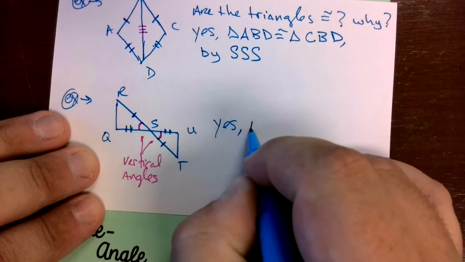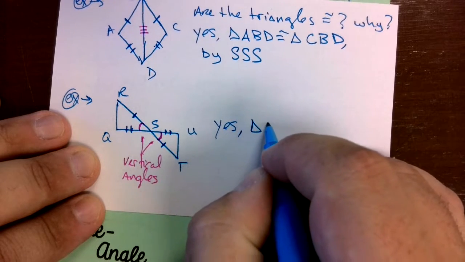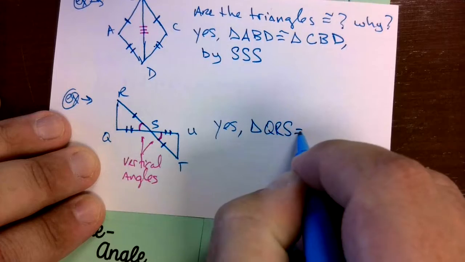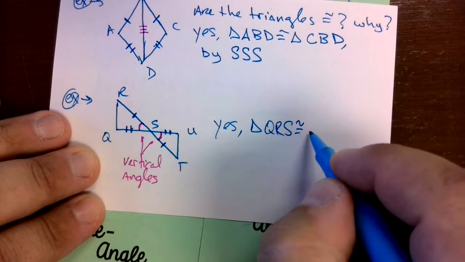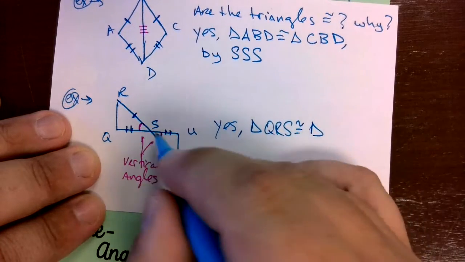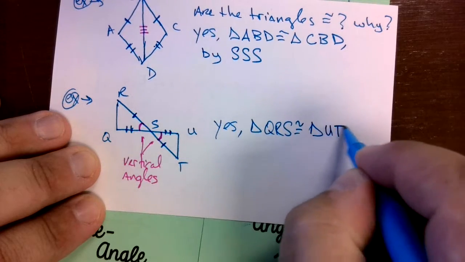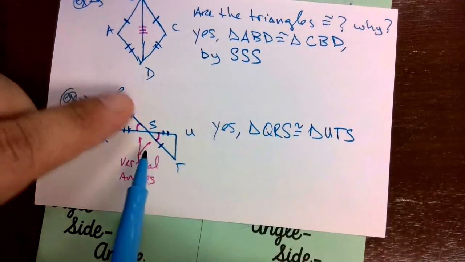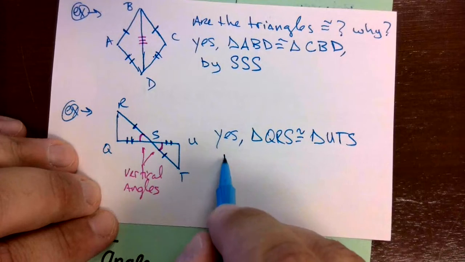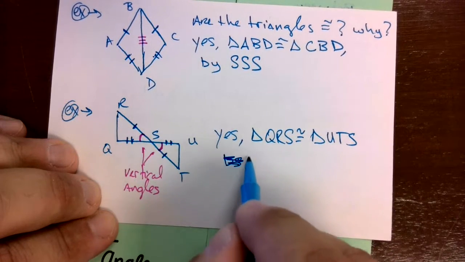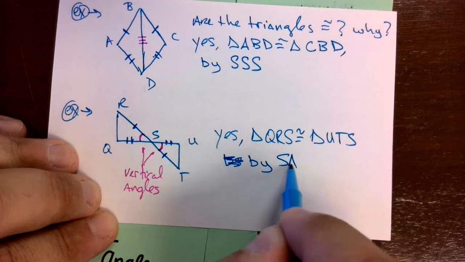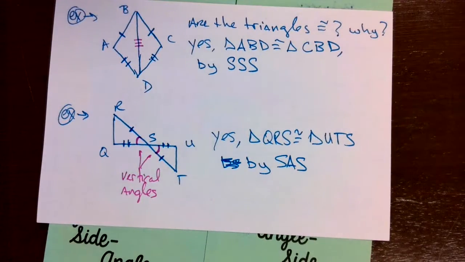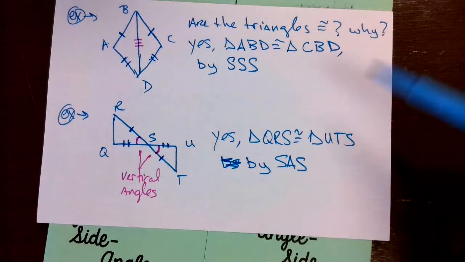And then I can say, yes, they're congruent. So yes, triangle QRS is congruent to triangle UTS. Make sure you're putting the matching parts with each other by SAS. So we want to be able to say why.